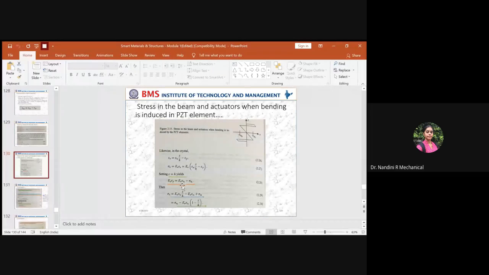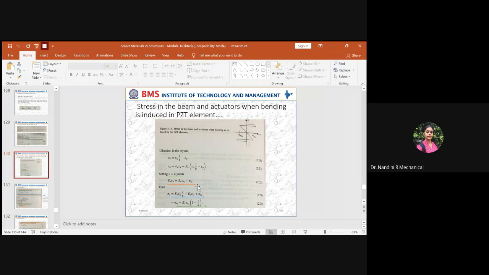This value will be here. And the actuator stress, which was on the left hand side, we will take towards our right hand side, so it becomes minus. This is how the equation gets reduced when the value of H of the structure above the neutral axis is equal to the value of Z.